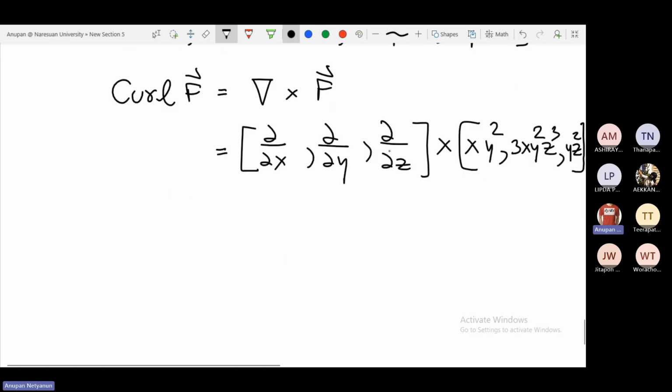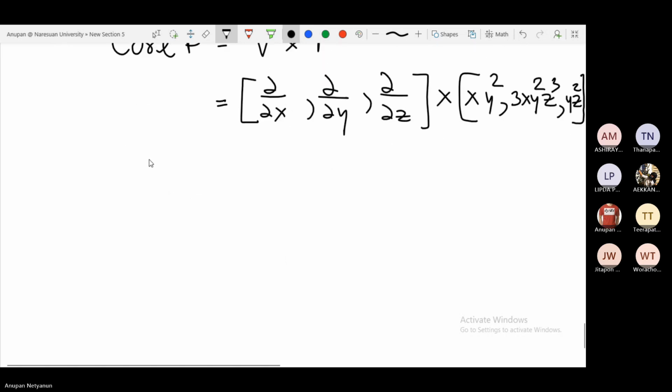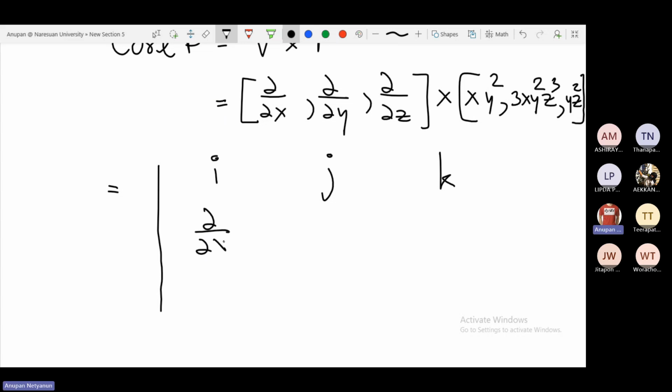Okay. And when you have a cross product, you have three components. Let me write this later. So you have I, J, K. List these unit vectors first. And then for the first row, you put in the components of the gradient sign: partial by partial x, partial by partial y, partial by partial z.